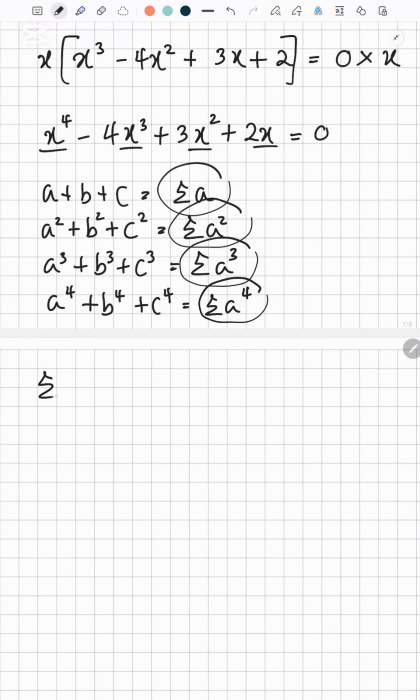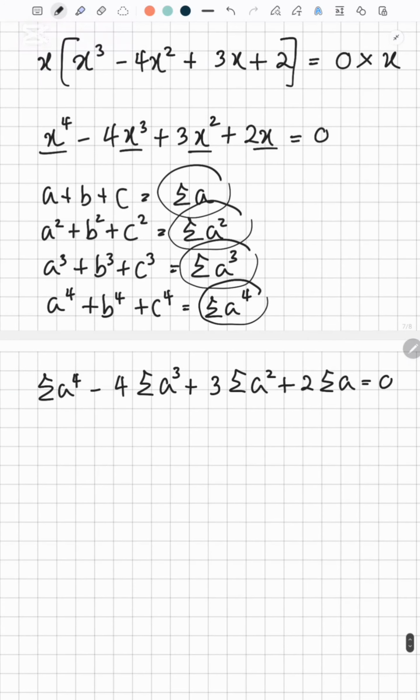So it's going to be the sum of your quartic terms minus 4 into the sum of your cubic terms plus 3 into the sum of your squared terms plus 2 into the sum of just your x terms. Now this will give you the answer for a to the power 4 plus b to the power 4 plus c to the power 4.